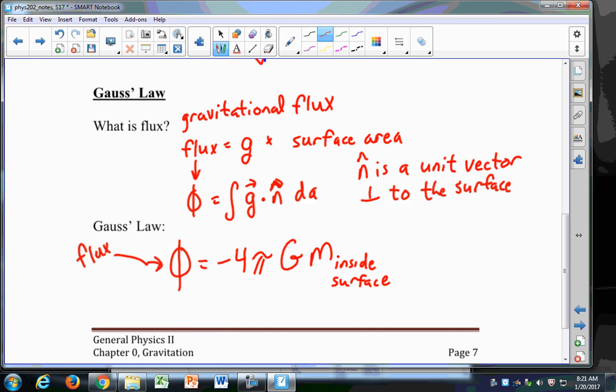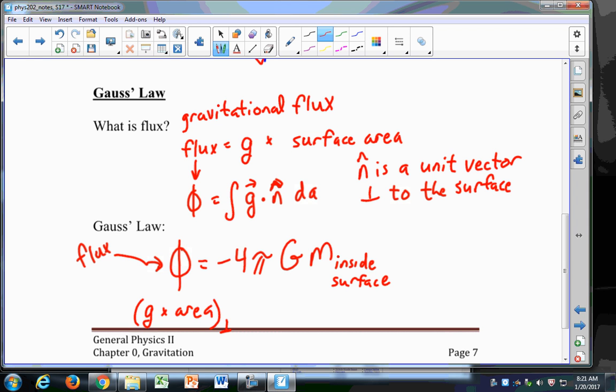And don't worry about what the surface is. I'm going to show you that next time. But Gauss's law says that the flux is equal to negative 4 pi G times the mass inside. So the flux, remember, is G times our area. And I'm going to assume that these two are perpendicular to one another because that's our dot product.